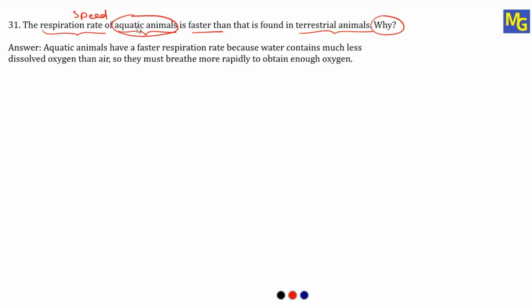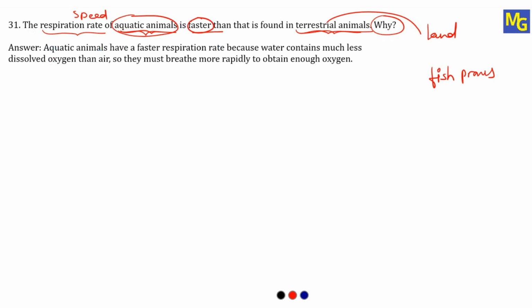The animals which stay in water like fish or prawns or other water animals. So here the respiration speed in aquatic animals is faster than in the animals present on terrestrial, meaning land. So we have to tell the reason for this.